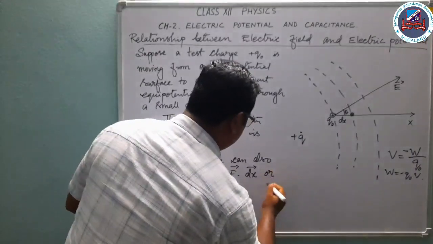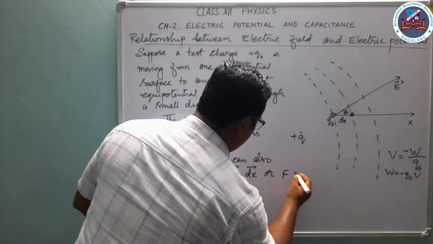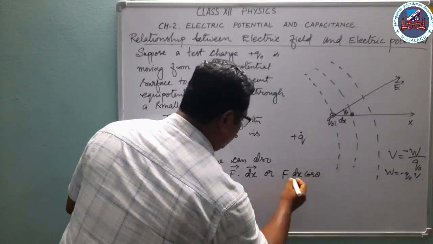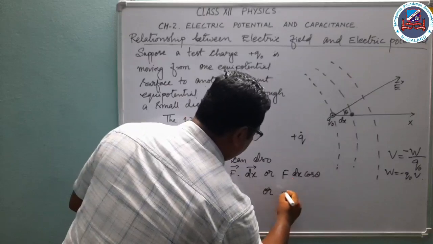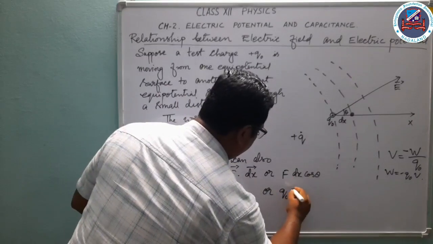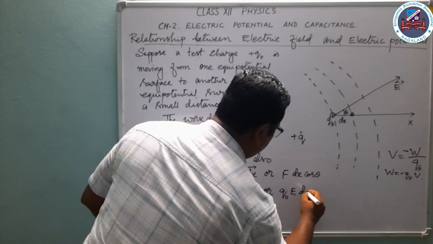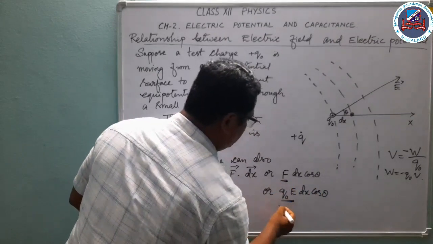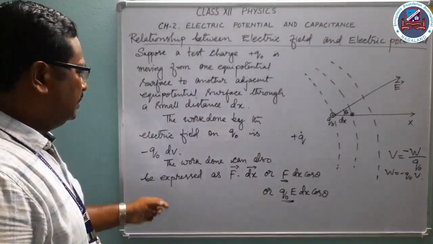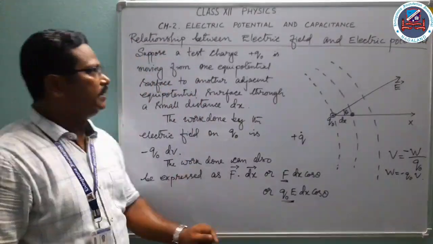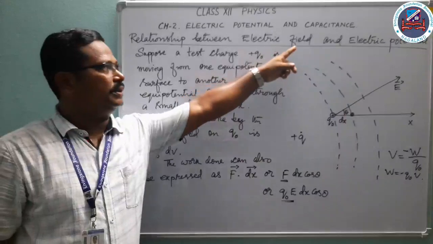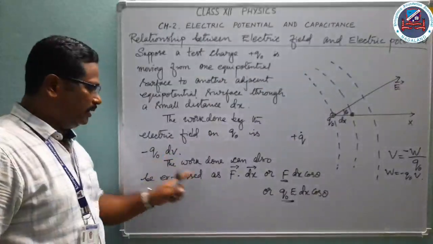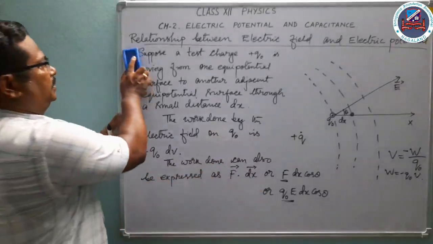This can be written as F dx cos theta, where force is equal to Q naught times the electric field intensity E, so F can be replaced with Q naught into E, giving Q naught E dx cos theta. If you equate these two work done expressions, then you will get the relationship between electric field and electric potential. Let us equate these two work done expressions.